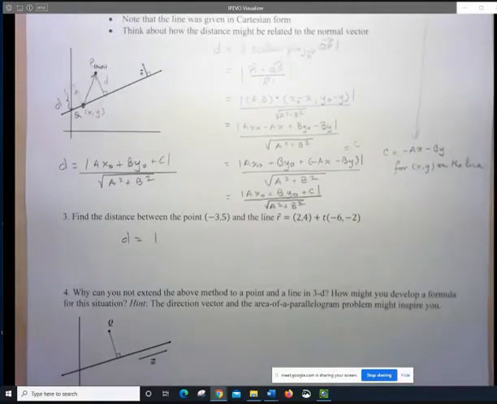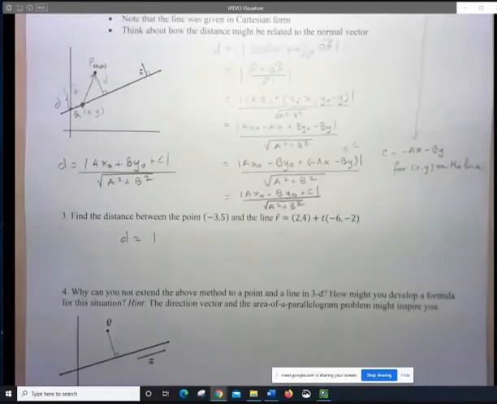Okay, so what's the first thing I'm going to do? Because I've got a direction vector and I need a normal vector. What's the easiest way to take this direction vector and turn it into a normal vector? There you go, flip them and make one of them negative.